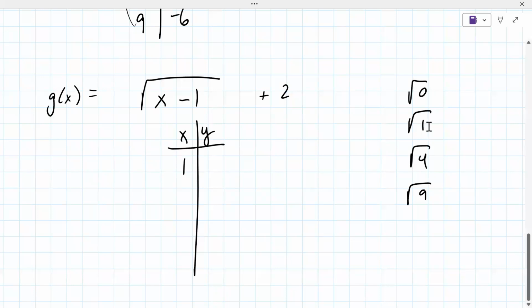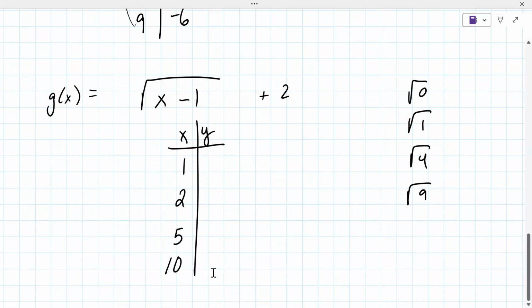Now the next one we want to get to is 1. So how do you get to 1? What number minus 1 gets you to 1? That's 2. What should the next number be to get to 4? 5. And then for 9, 10. There you go.